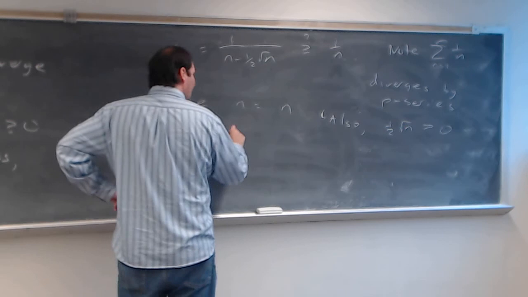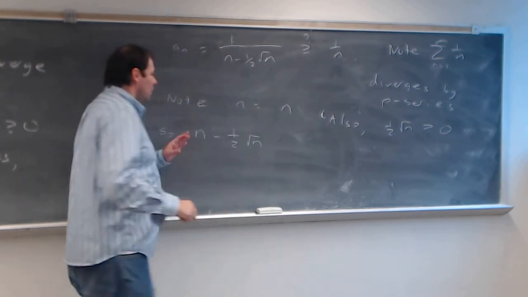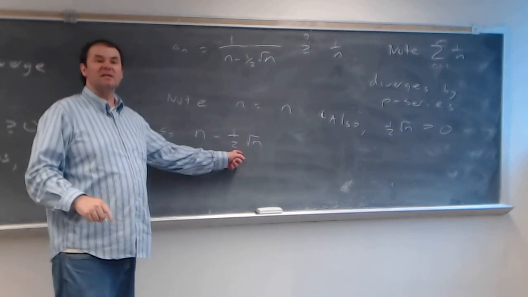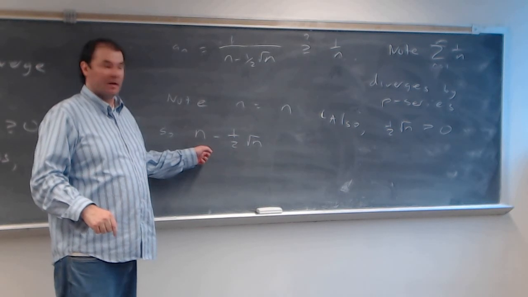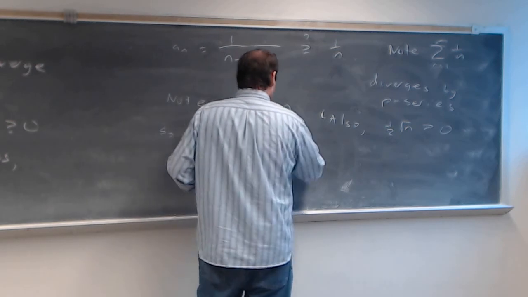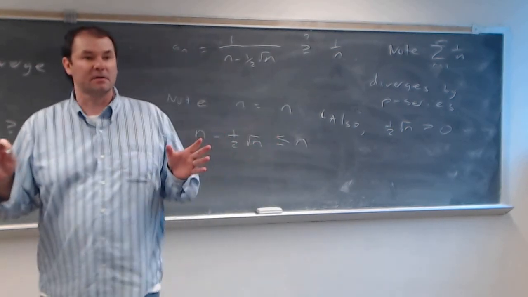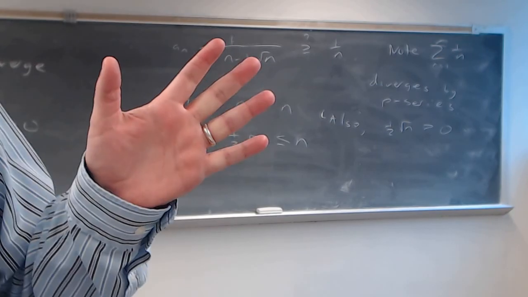So n minus 1/2 times the square root of n: I've taken away something positive from n. So that guy isn't as big as n anymore. I've taken away a positive number from n, so it's not as big as n. Are we good with that?